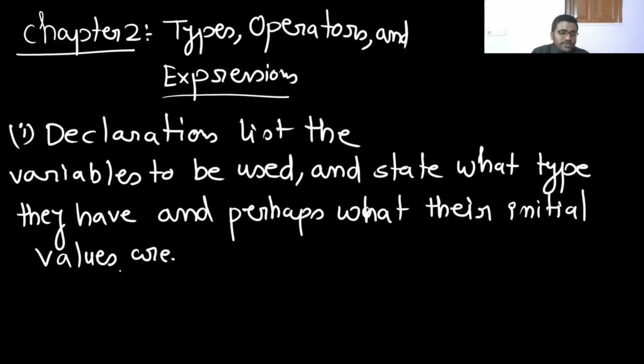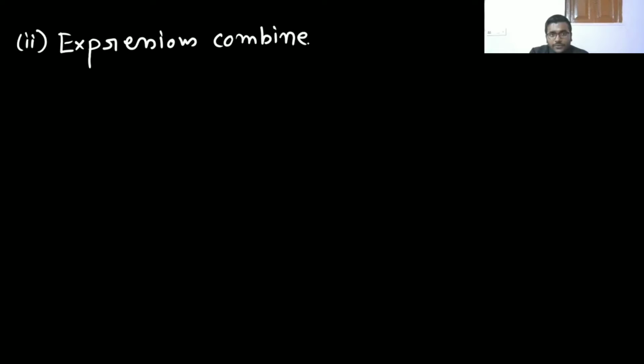Now what do expressions do? Expressions combine variables and constants to produce new values. The type of an object determines the set of values that it can have and what operations can be performed. This is the basic thing that one should know. So we will start. What do expressions do?